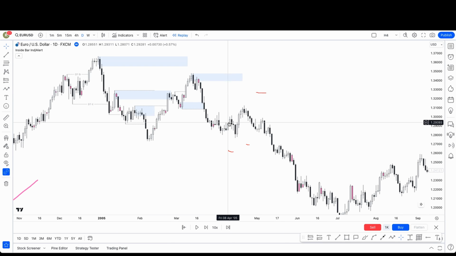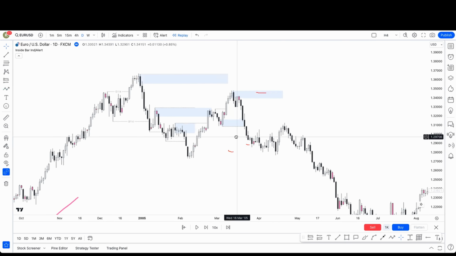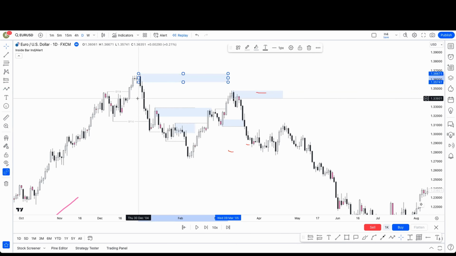But over the next few days, at least, just go through and mark out where BOS and CHoCH is, and then just literally go to the extreme order block, which is usually the very last candle. So again, with this example over here, from there to there, the furthest point, the last candle was that white one.